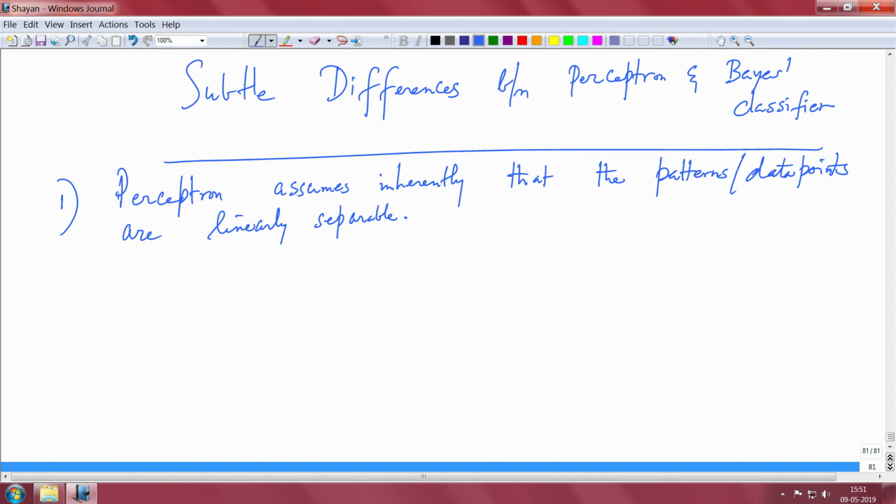But this is not the case in the case of Bayes classifier. You live with an error because you may have patterns that overlap and you may have to figure out a decision boundary based on that. So, I will write this in red. This is not the case in Bayes classifier.